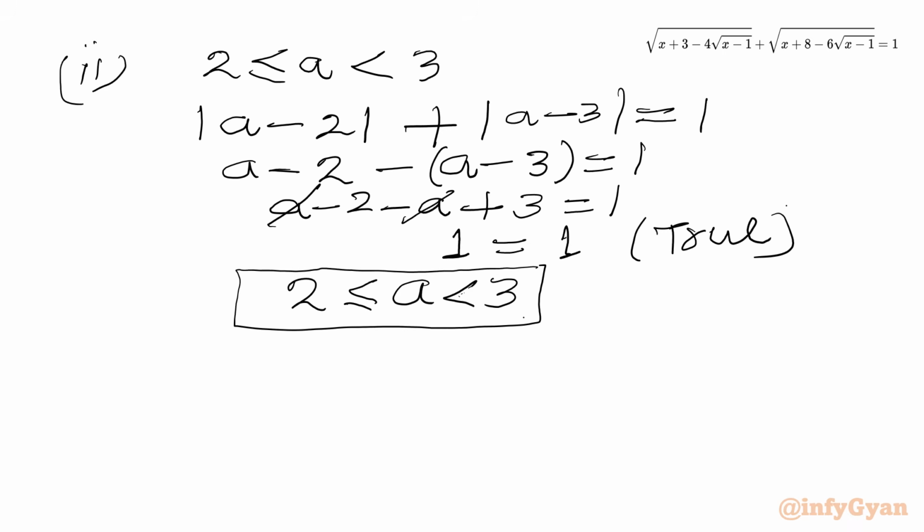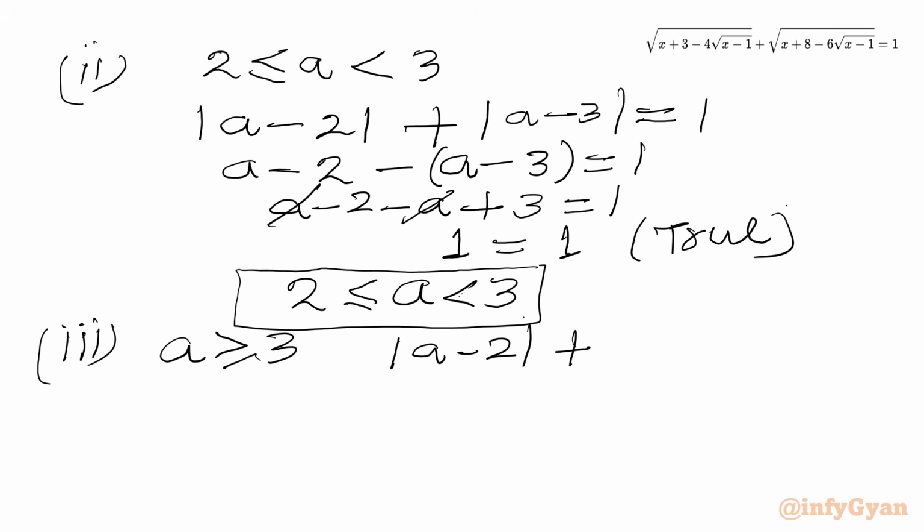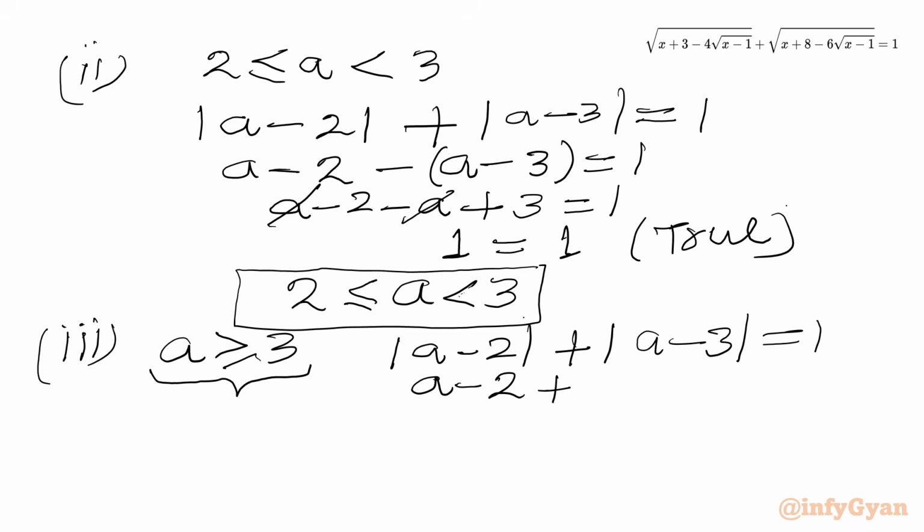Now we have case number 3. It is a greater than or equal to 3. Now we have to write the equation mod of a minus 2 plus mod of a minus 3 equal to 1. If a is greater than or equal to 3, both modulus must be positive. We will write a minus 2 plus a minus 3 equal to 1. a plus a is 2a, minus 2 minus 3 is minus 5, equal to 1.